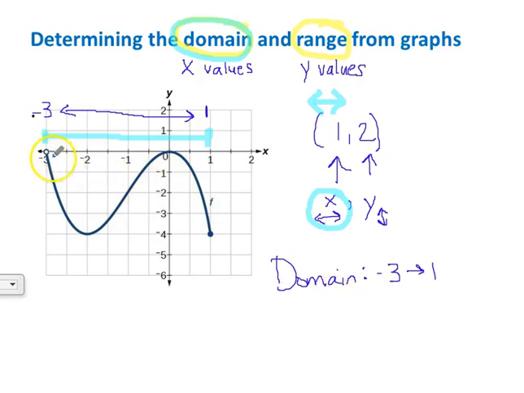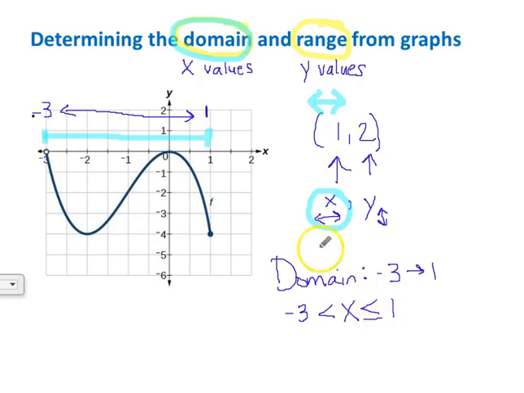We've got an open circle here, so we know that the x value has to be greater than -3. It's not going to be greater than or equal to because we have that open circle at -3. Then we move over, and the furthest we can go to the right is at 1. So our x value has to be less than or equal to 1 because the circle is closed here, telling us we can include that value of 1. So the domain, our x values, can be anywhere greater than -3 and less than or equal to 1.